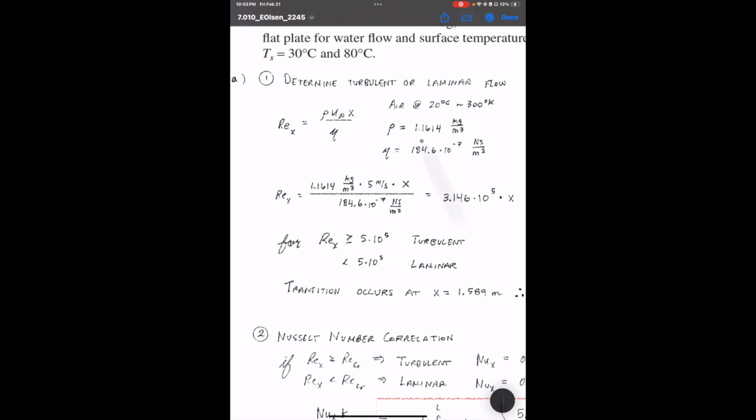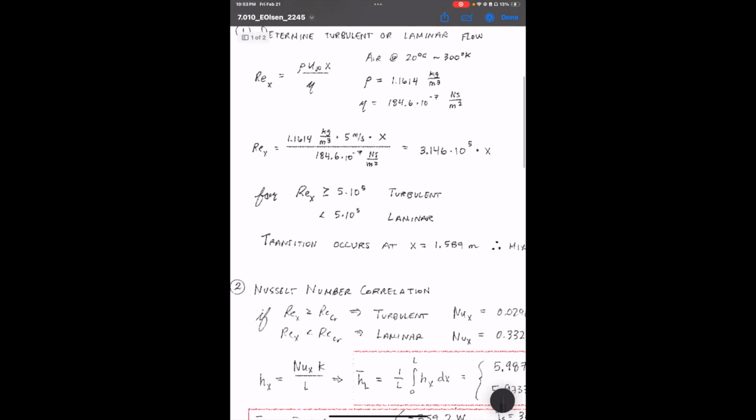A density of 1.1614 kilograms per cubic meter and a viscosity of 184.6 times 10 to the minus 7 Newton seconds per square meter. And for any given x, the Reynolds number will turn out to be 3.146 times 10 to the fifth times x.